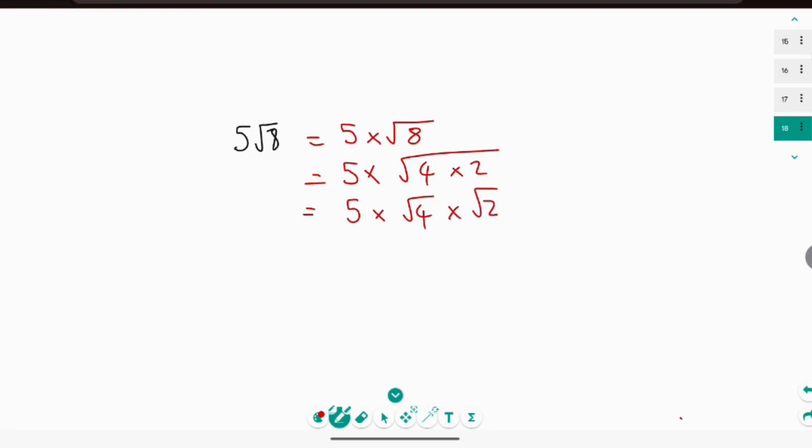As I've said earlier, try not to do shortcuts. People who make mistakes, I find with this topic, tend to not write all their full working out. 10 root 2.